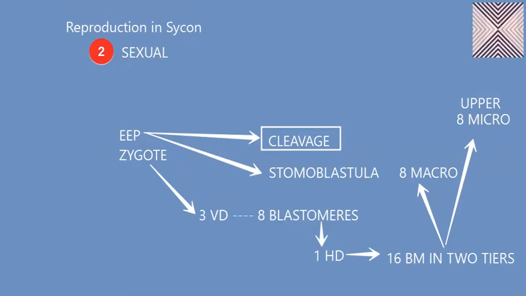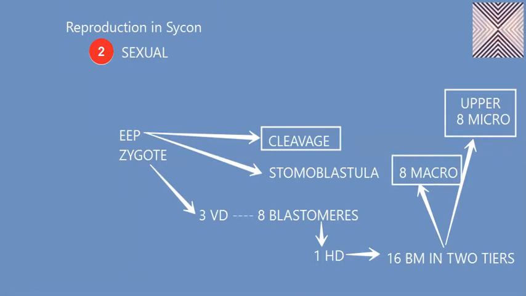Now we are emphasizing the upper 8 micromeres, which are smaller in size. That's why they are micromeres. So these 8 divide mitotically. They show mitosis, they divide. But the 8 macromeres are not dividing.